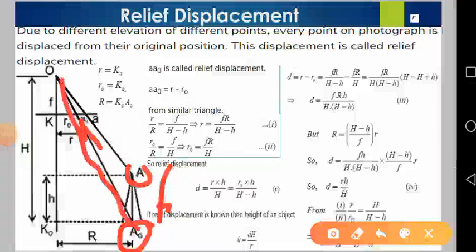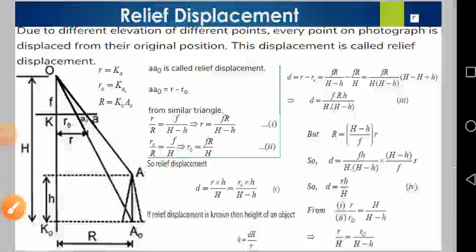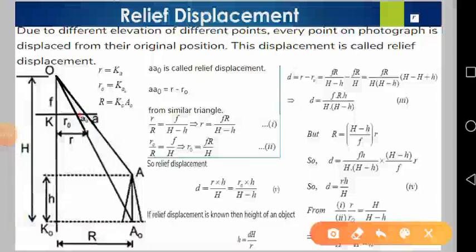So while capturing the photograph, a naught resembles that particular point. Now look at this element: a a naught is the relief displacement of the point A due to its elevation, say h.